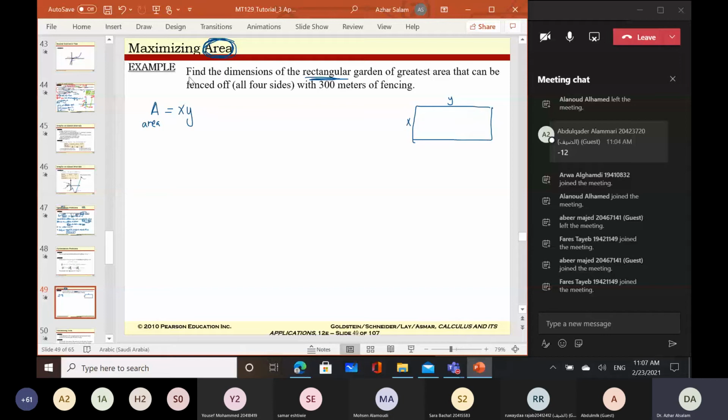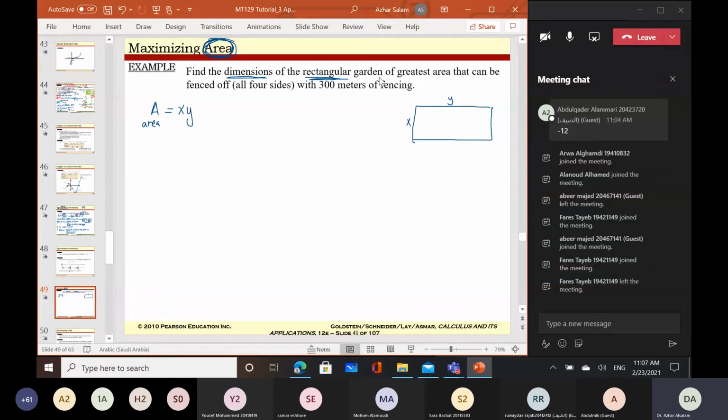The question is: find the dimensions of the rectangular garden of greatest area that can be fenced off on all 4 sides with 300 meters of fencing. What's the given information here? 300 is the fencing around the garden.